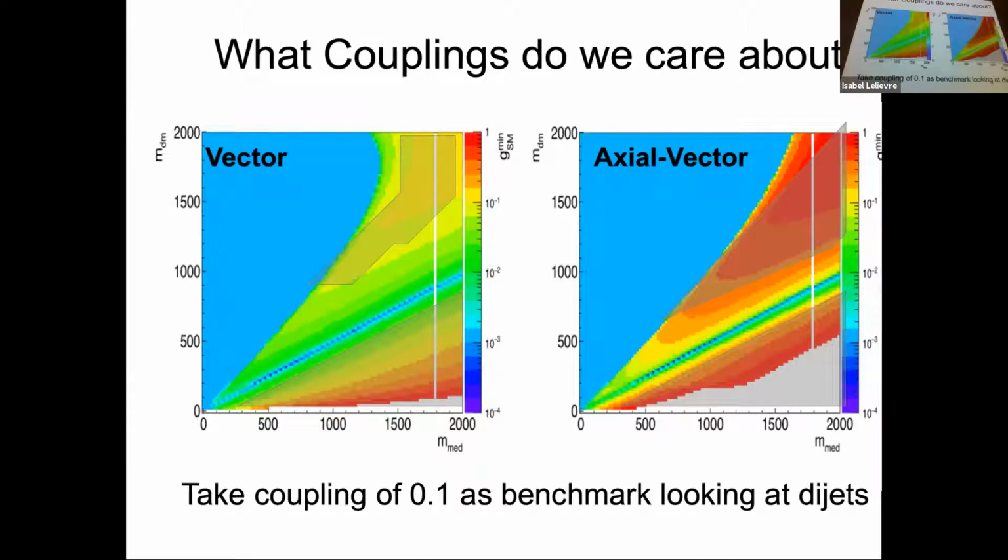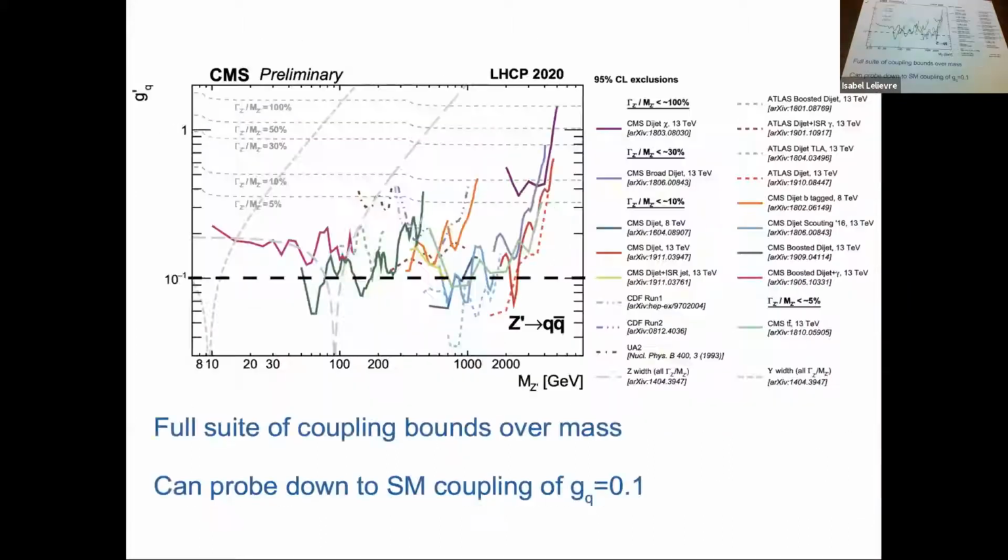Basically, if you were to draw this in these 2D plots, the minimum allowed coupling of 0.1 or higher would cover this triangle here, and also this off shell region here, right? High mass off shell. And this is for the vector and the axial vector. It covers even more space. And here are the bounds from CMS.